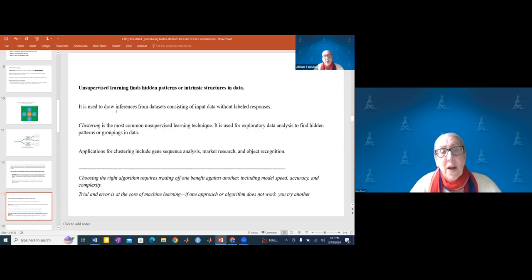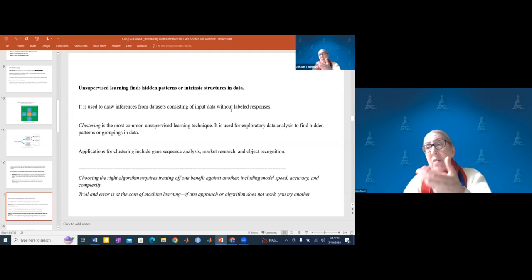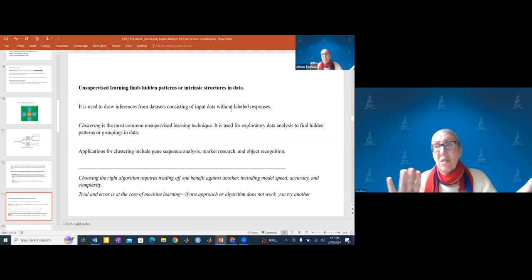Unsupervised learning draws inference from data sets consisting of input data without labeled response. As I said, we don't have a particular pattern. Let's say I have weight and I have length, and I have all the data posted all across weight and length.